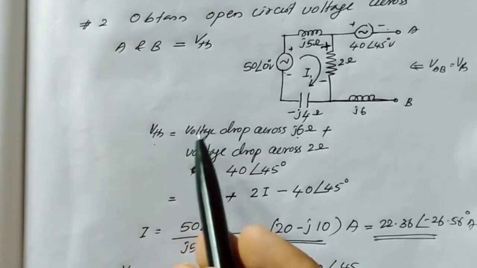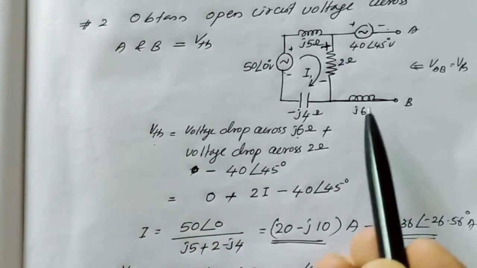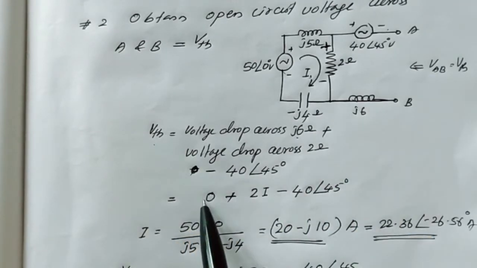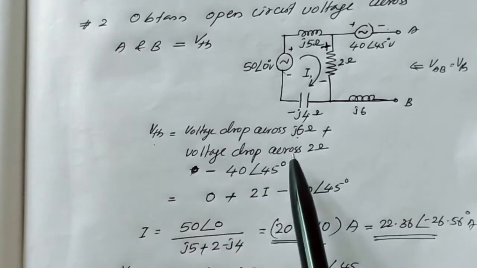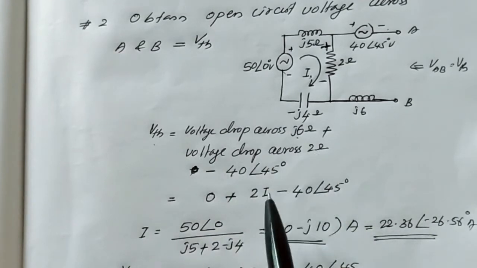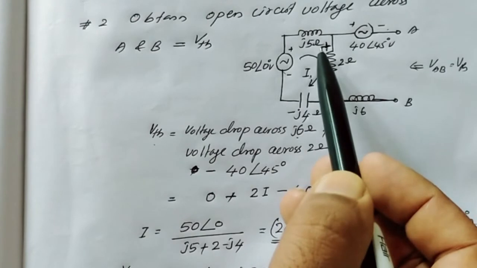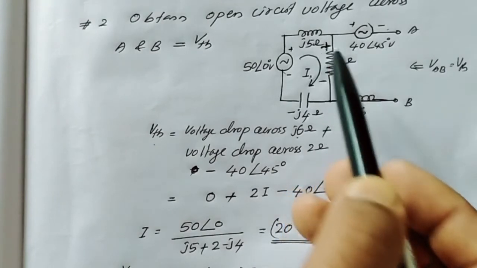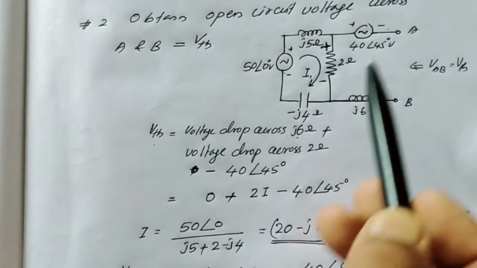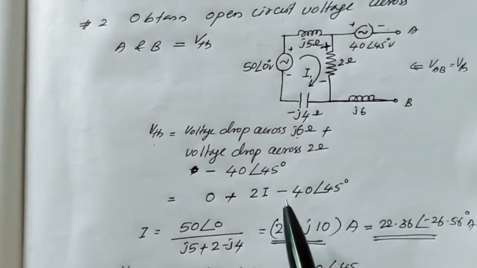So the potential drop across j6 ohm is 0. Then the potential drop across the 2 ohm resistor is 2 into I. Why is it taken as plus? It is a rise in potential. Then it is negative, so minus 40 angle 45 degree.